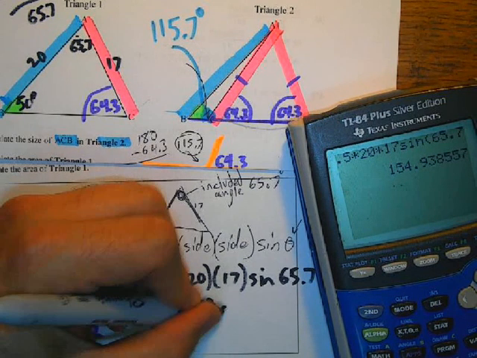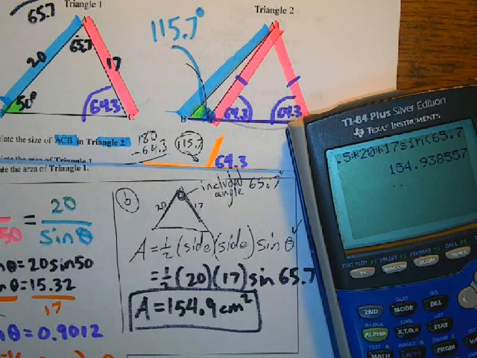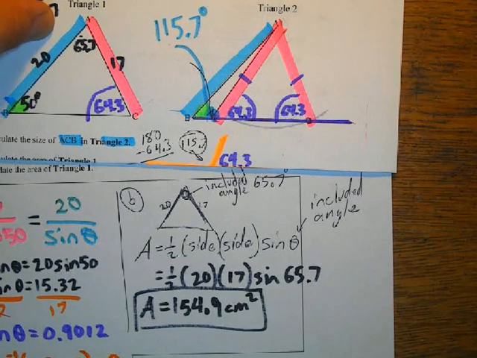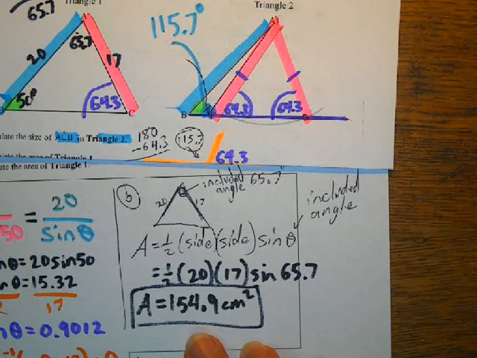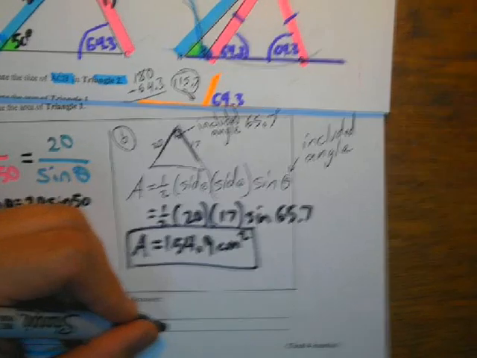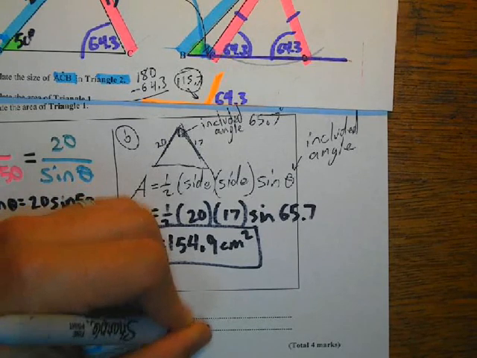Centimeters squared. And that is correct. If I'm going to write this in 3 significant figures, you should write your answer as 155 centimeters squared.